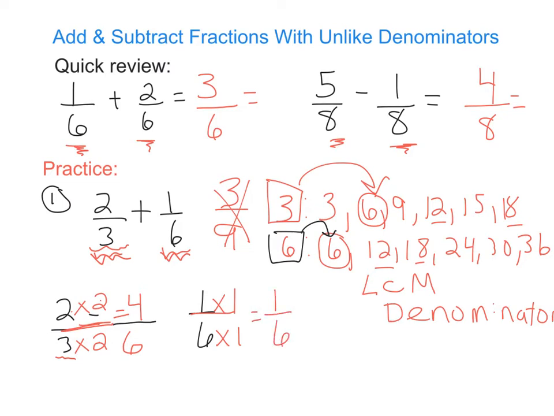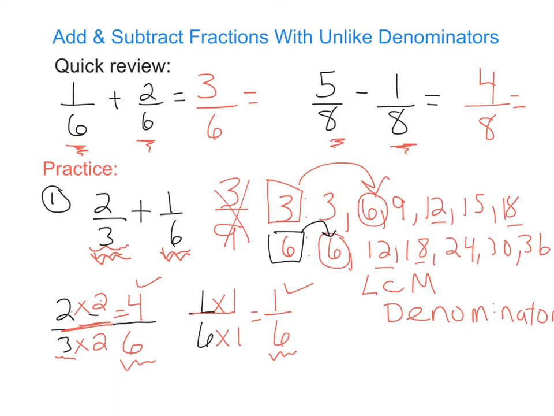So now I have two new fractions, and they both have common denominators, and so I can now add them. So what used to be 2/3 and 1/6 has now become 4/6 and 1/6, so I can now add those together.